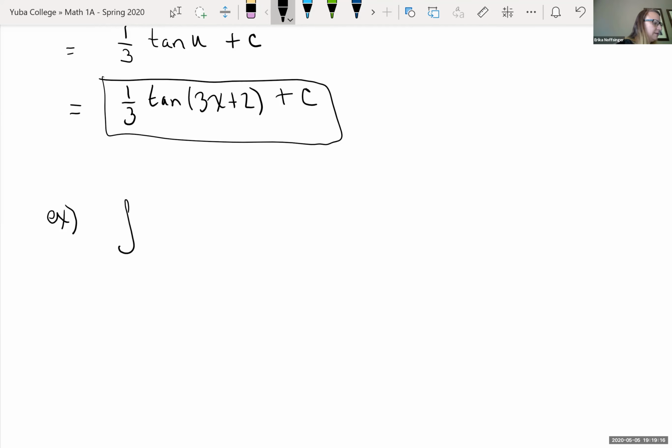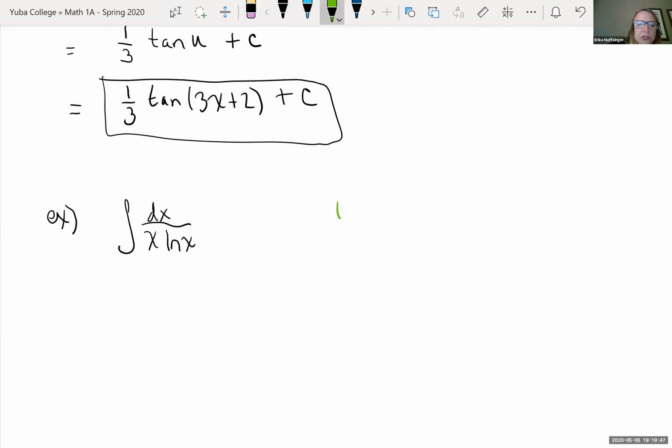And so what about dx all over x natural log of x? We haven't talked about how to take the antiderivative of natural log of x. If you have a natural log of x in the integral, that should be what you choose u to be.